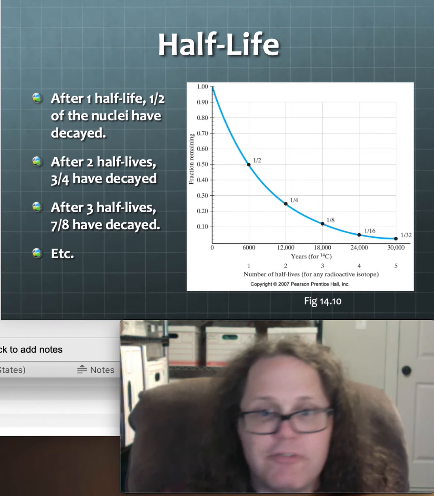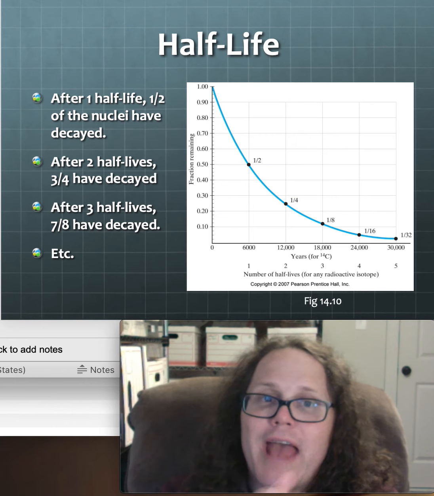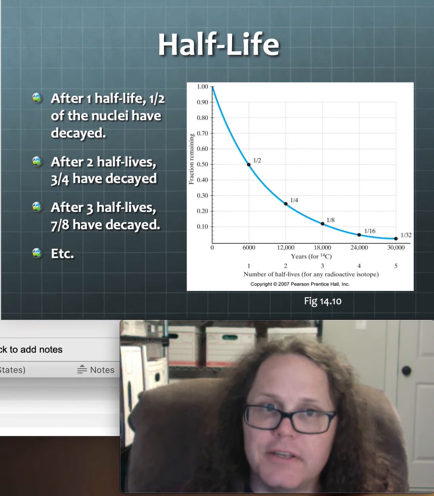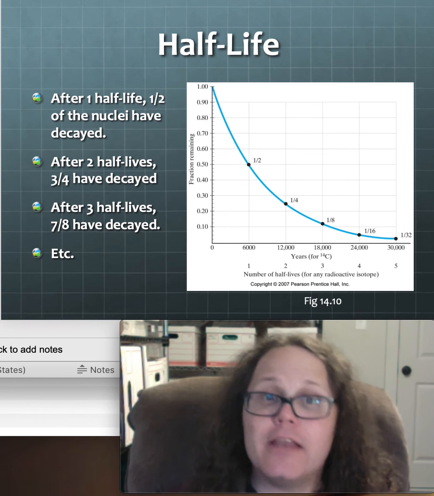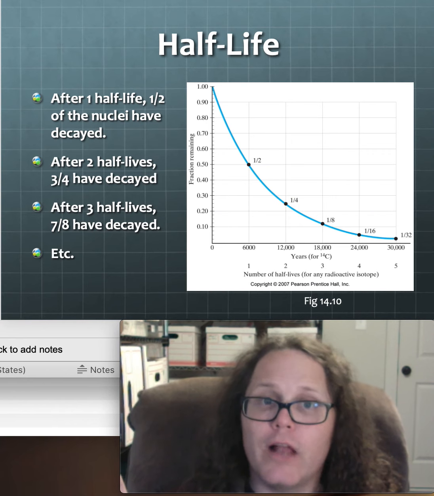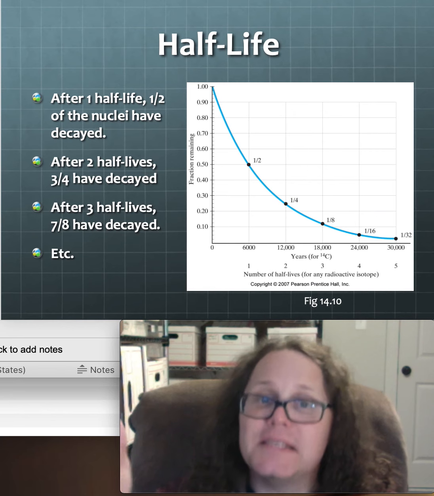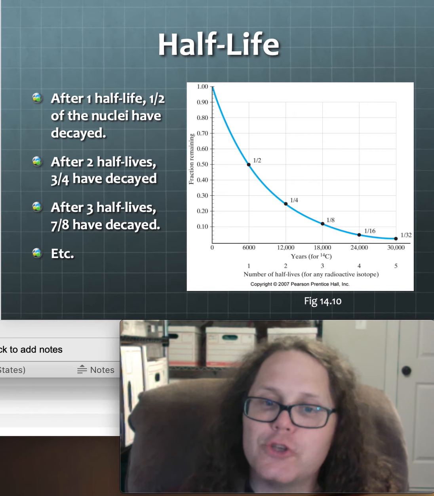So whatever the half-life of a particular isotope happens to be, after one half-life, half of the radioactive substance will have decayed. After 2 half-lives, half again, or 3/4 total, will have decayed. After 3 half-lives, half again, or 7/8 total, will have decayed, and so on.